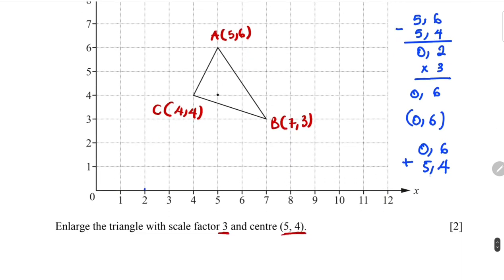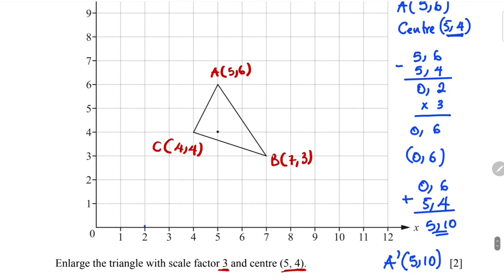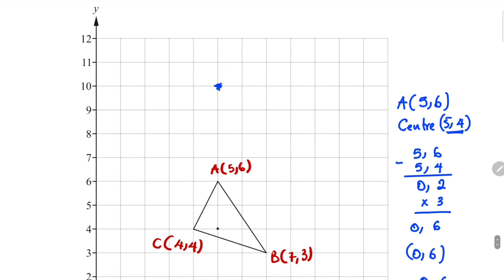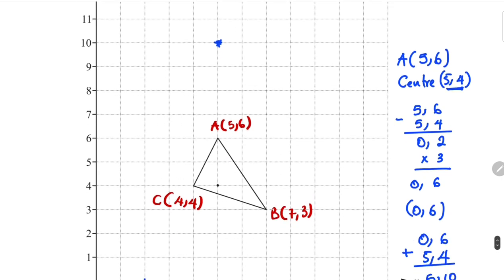So take note of that. Once you add it to 5, 4, you are going to have 5, 10. So my A prime has a coordinate of 5, 10. So I'm good to go.